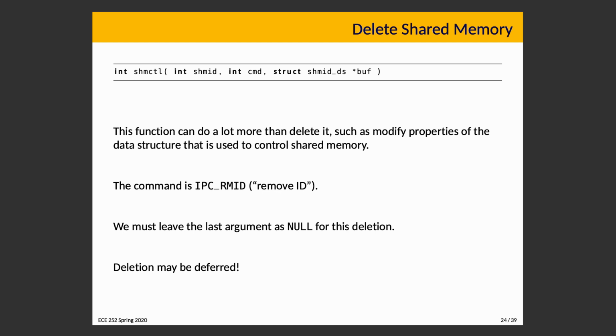The only one we're interested in right now is the ability to delete it. Given a shared memory ID, and the argument IPC_RMID, or remove ID, however you want to pronounce that, and you leave the last argument, the buff here, as null, that sets up the shared memory segment for deletion. But deletion might be deferred.